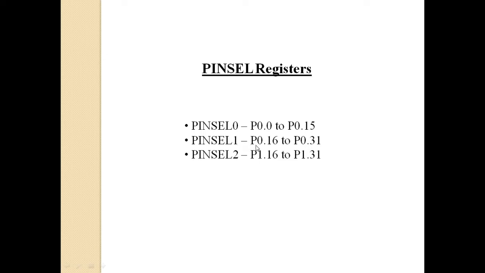And the last pin select register, PINSEL2 register, is used for configuring functionalities from P1.16 to P1.31. Right. So PINSEL2 register is used for configuring port 1 16 to 31. PINSEL1 is used for configuring port 0 16 to 31. In my case, I have connected LEDs to port 1.16 to 31. So I will be using PINSEL2 for my configuration of the functionality of port 1.